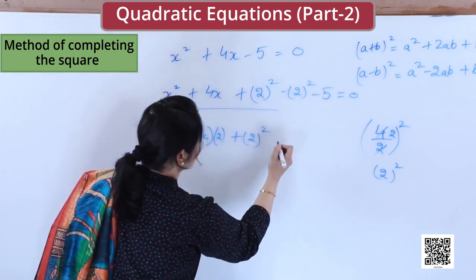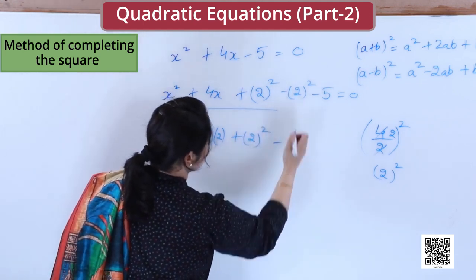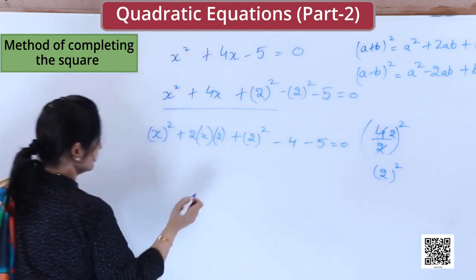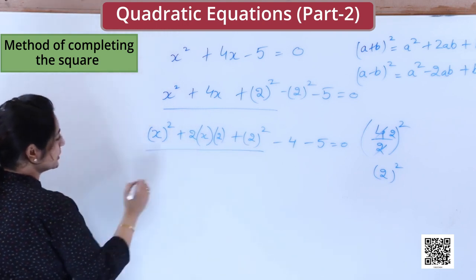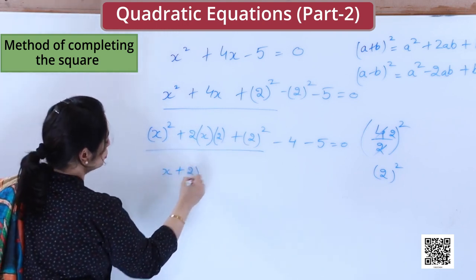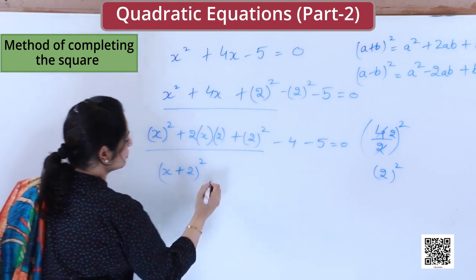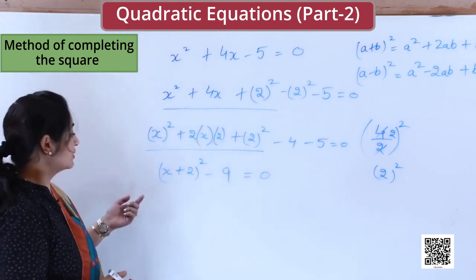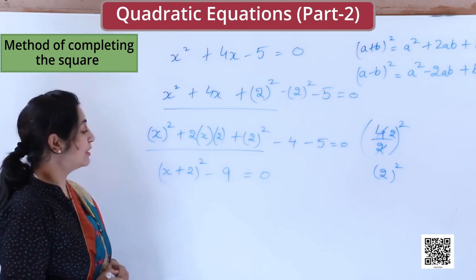And rest of the equation again same. So, 2 square can be written as minus 4 minus 5 equals to 0. Now, this can be converted into x plus 2 whole square. And here we will have minus 9 equals to 0. So, we got the same form of the equation that we saw earlier.